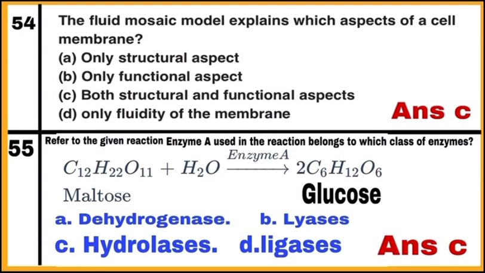Question 55. Refer to the given reaction. Enzyme A used in the reaction belongs to which class of enzymes? Option C, hydrolases. These enzymes break up large molecules into small molecules with the help of hydrogen and hydroxyl groups of water. So here mark C as a correct answer.